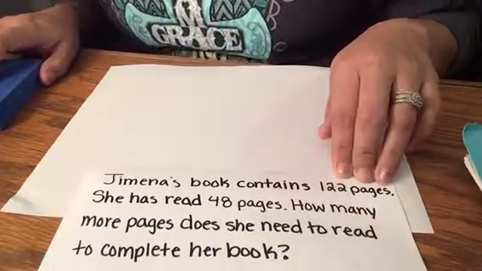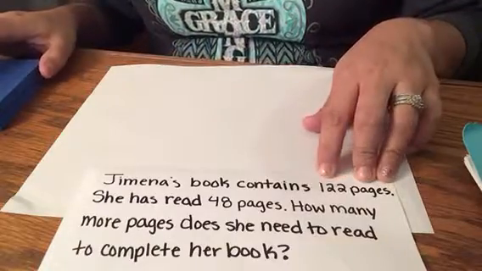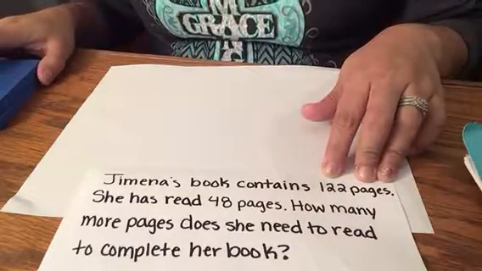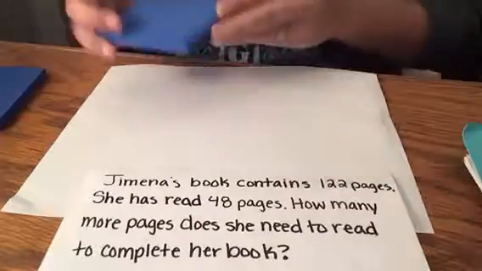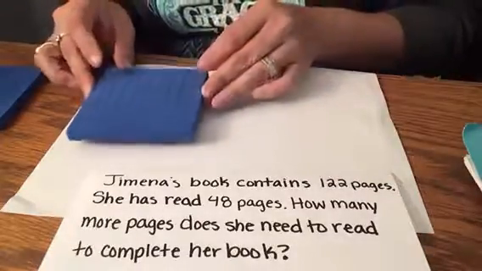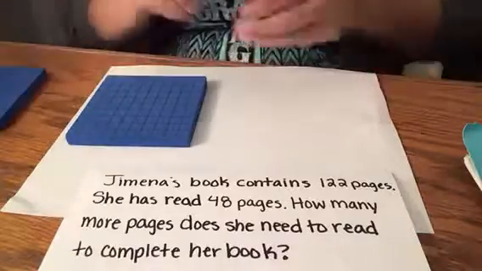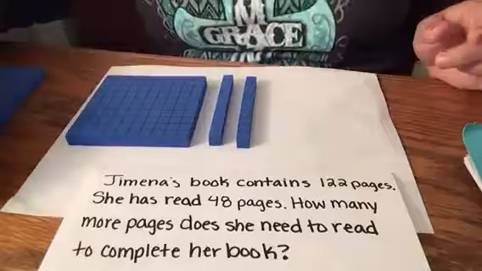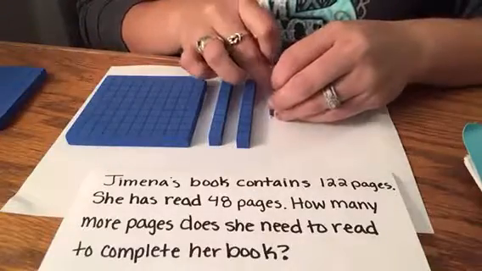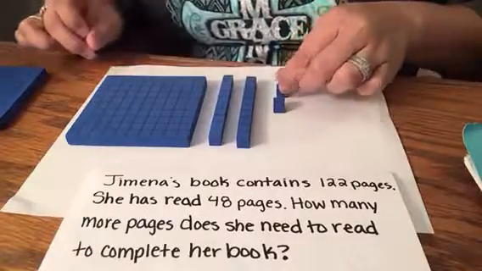So in order to make 122, we will need 1 flat for 100, 2 rods to make 20, and 2 units to make 2. 122.